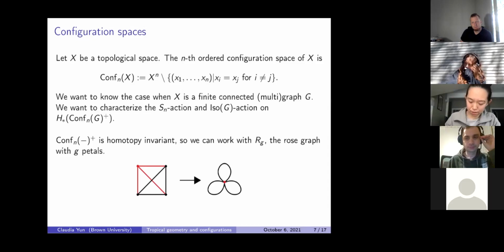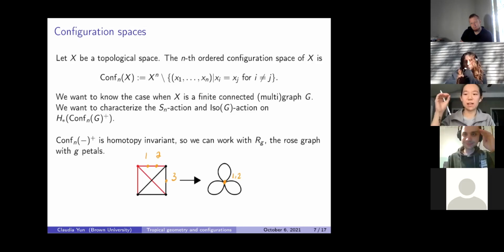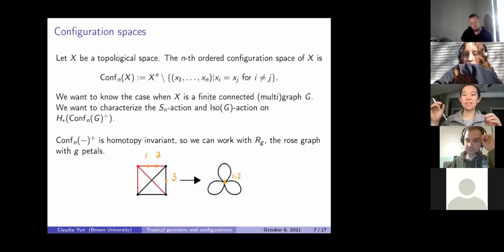Imagine you have some configuration on this K4, with 1, 2, 3, say, and now you take a homotopy equivalence to the wedge of circles, and now you have crushed 1 and 2 into the same spot. So now your 1 and 2 both live on the central point, and that's not a legal configuration. However, when we compactify our configuration space, intuitively, we can understand this added point at infinity as a collection of all such illegal configurations.